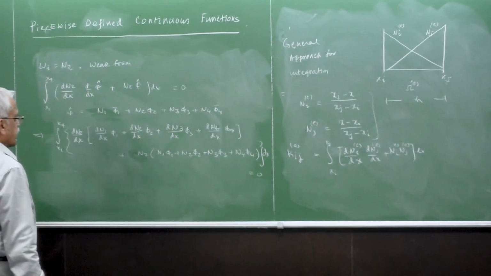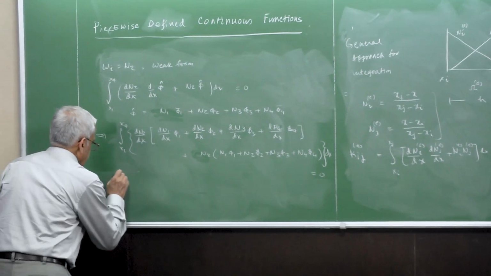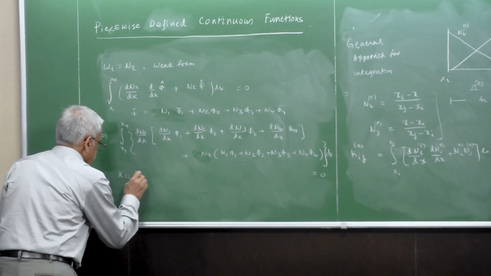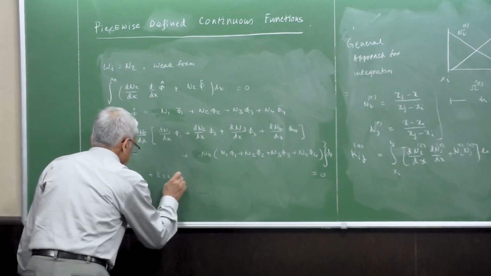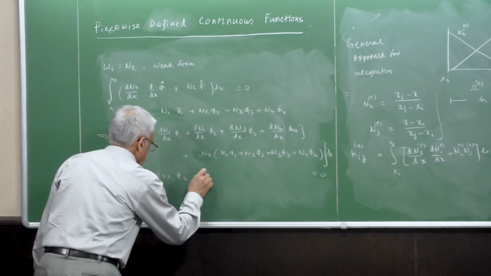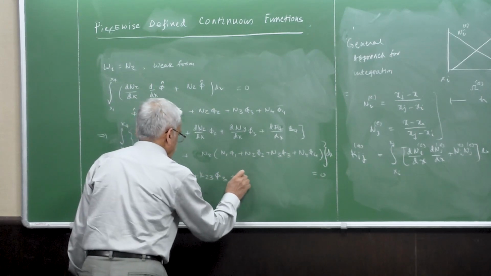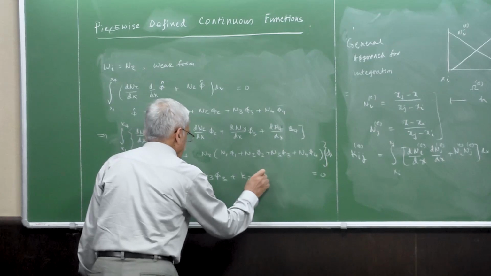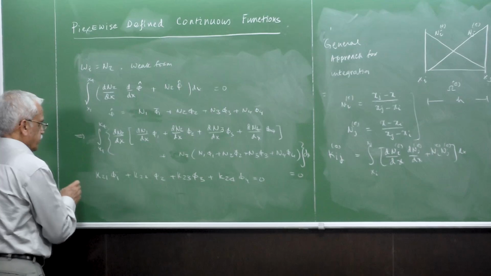And here we can combine these things like this one, K21 phi1, K22 phi2, simplifying.